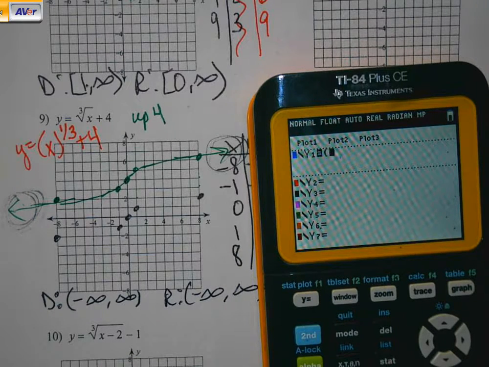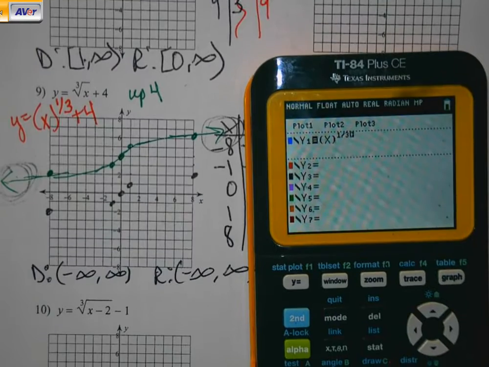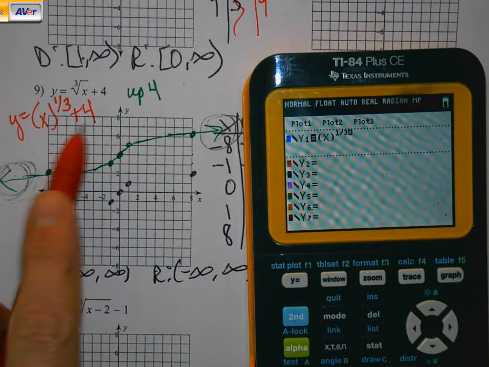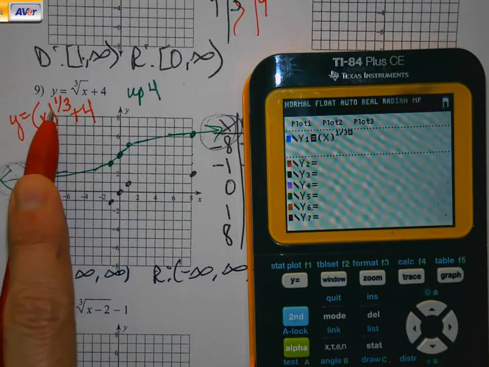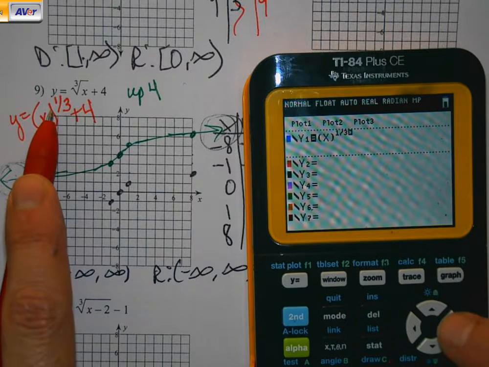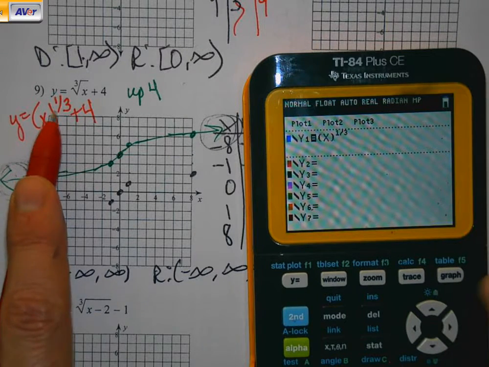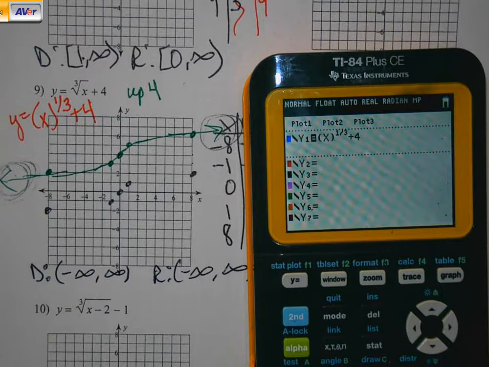It's just easier than all the button presses to play with moving things around here. And again, we don't have a specific fraction button. We just use the divide button. But here again, I still have to be a little bit careful when I'm typing because that +4 isn't supposed to be up in the exponent. So I do need to hit the right arrow to bring it back down. Because +4 definitely not an exponent.